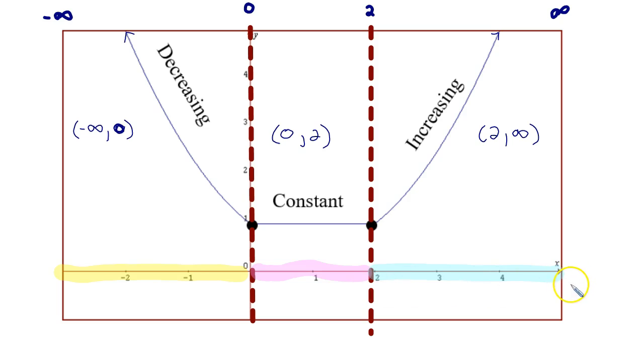Where is it decreasing? Where is it increasing? We have to use those x values to describe that. These are intervals, describing distance from left to right: from negative infinity to 0, from 0 to 2, and from 2 to infinity. And these intervals will always get parentheses. You'll never use brackets for intervals of increase, decrease, or constant intervals.